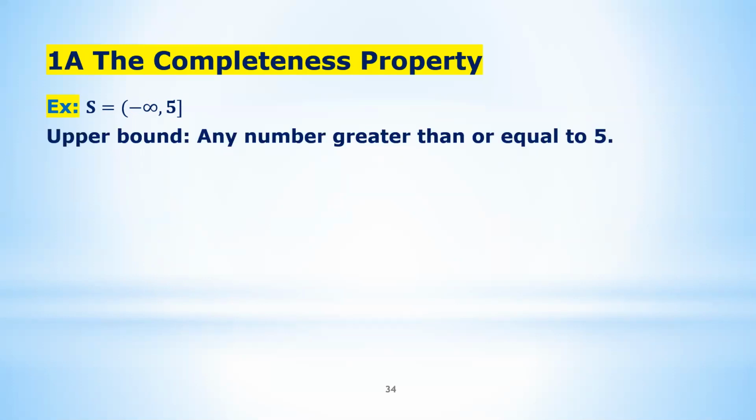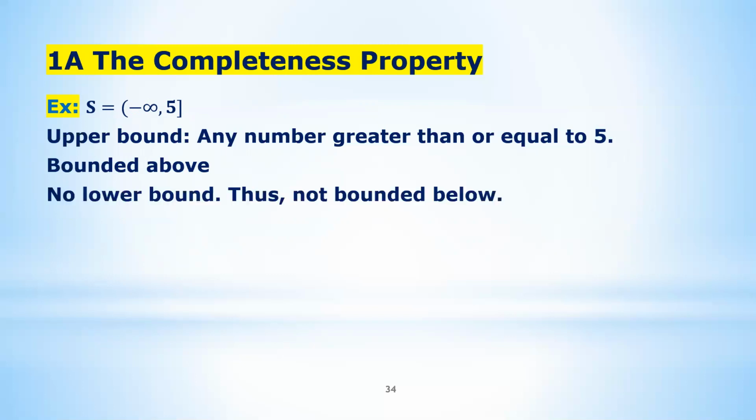Now, upper bound: any number greater than or equal to 1 is an upper bound, and therefore this set is bounded above, because it has an upper bound. It has no lower bound, because the set extends to negative infinity. So this set is not bounded below, but it is bounded above.